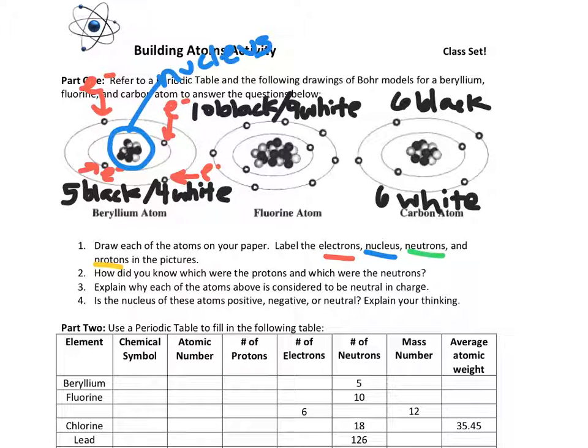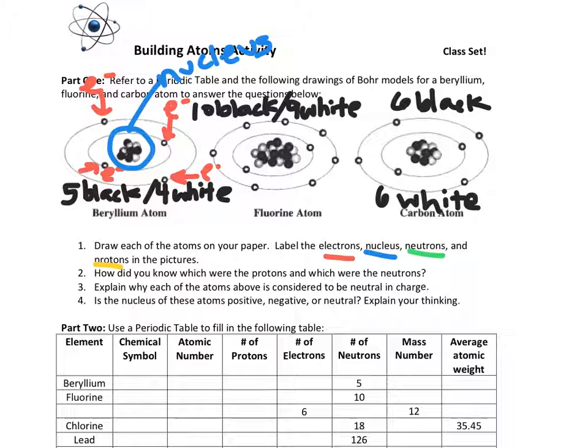Now inside the nucleus, we have neutrons and we have protons. So we have to figure out whether the black ones are the neutrons or the protons, and the white ones are going to be the other one. Let's determine the number of protons first. If you remember from the gizmo, the number of protons has to equal the number of electrons if an atom is not ionized.